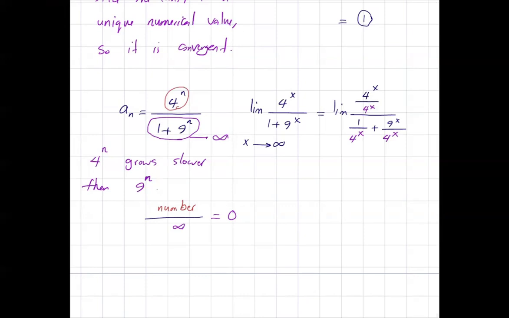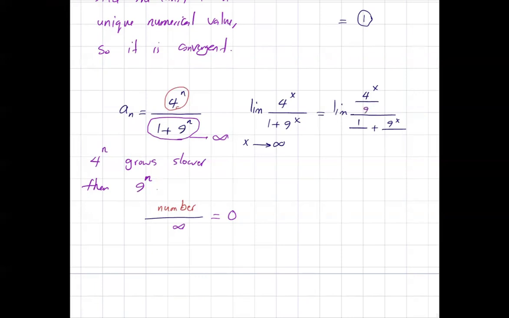If you do this, you can't get rid of the quantity in the denominator that easily, but you can get rid of the quantity in the numerator. So let us divide by 9 to the x to see this without going over another step.